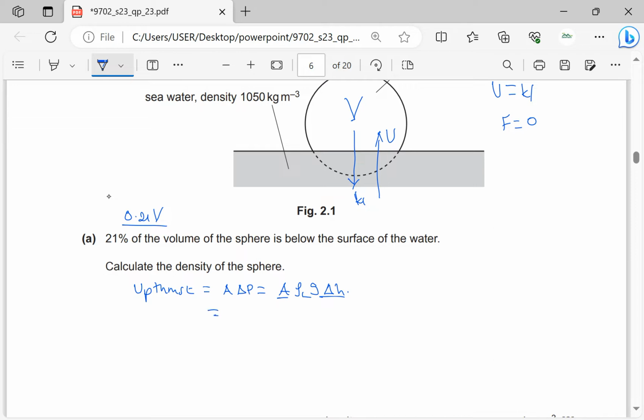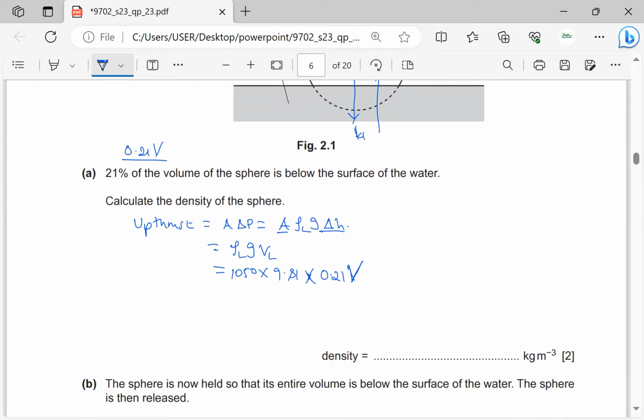So this is going to be equal to density of the liquid, g times the volume of the liquid it displaces. But they say 21% of the volume of the sphere is below the surface of the water. That means the volume displaced of the liquid is 0.21 V. So this means the upthrust is going to be the density of the liquid, which is 1050, times g, which is 9.81, times the volume of the liquid displaced, which is 0.21 times capital V.